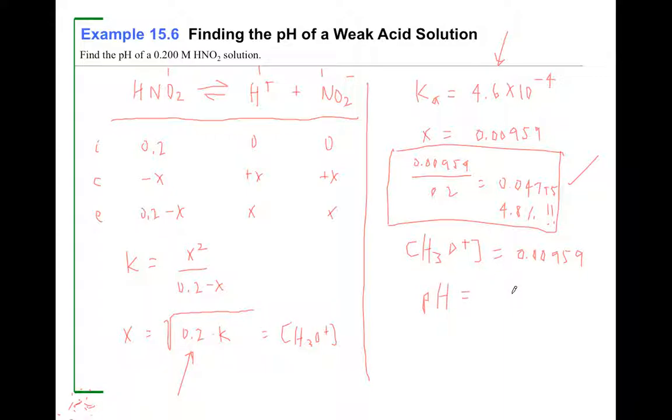The negative log base 10 of that, pH is 2.02. Okay? Actually, I think I'm supposed to go out a third digit here. I forget now that rule. Am I supposed to go out a third digit? I don't remember the rule. Let's say 2.02. Okay? And there's my answer for this problem. Okay?